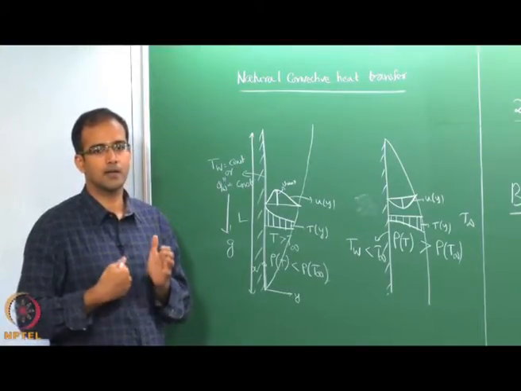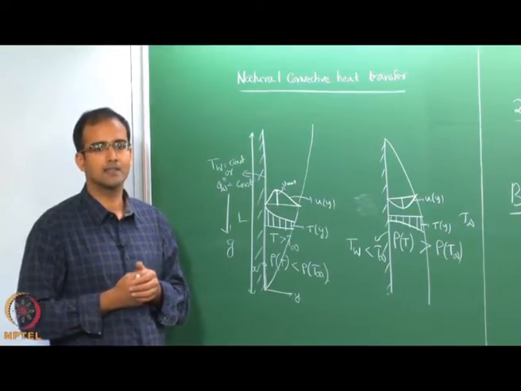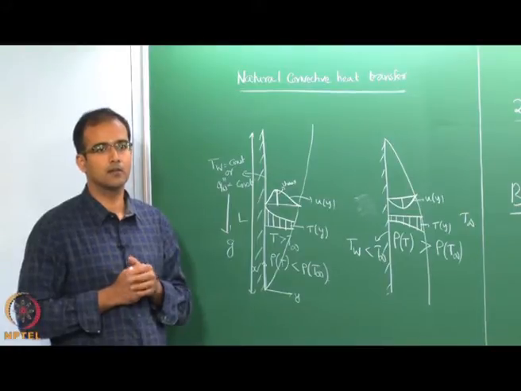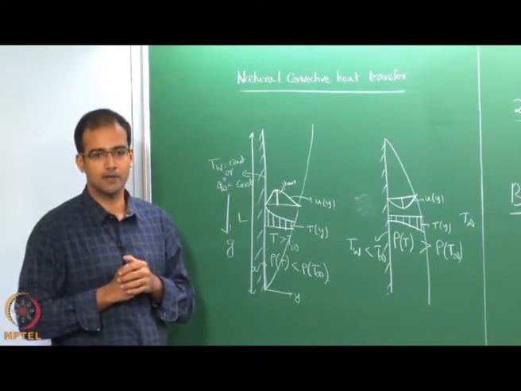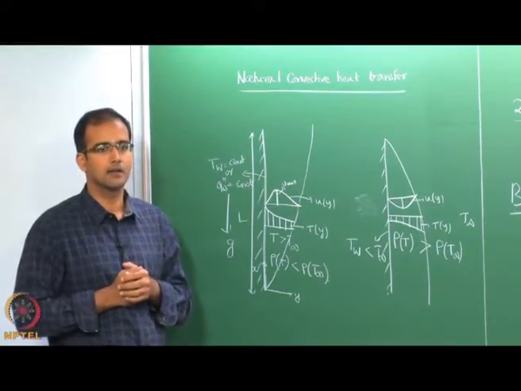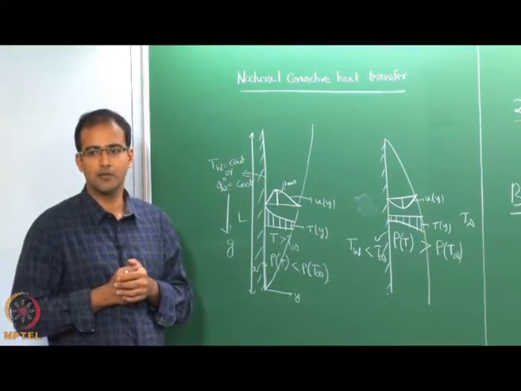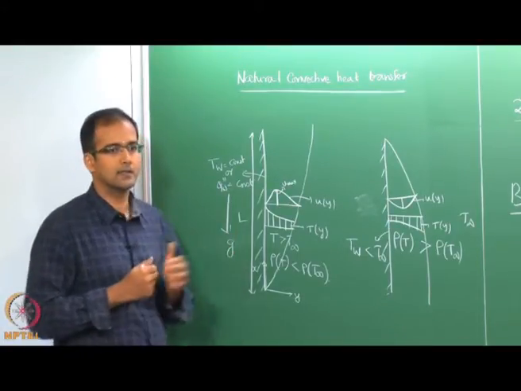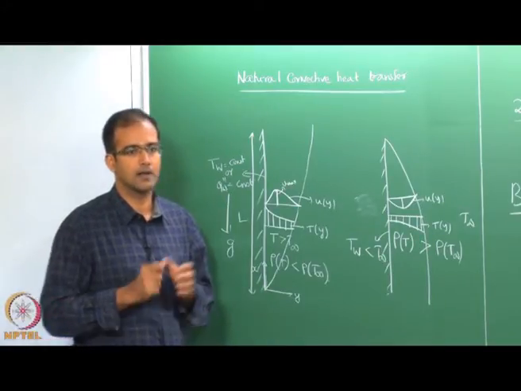So, except for the body force term, which is the driving potential, it is reasonably good enough to approximate the density to be a constant everywhere else in the other equations, provided the temperature differences are small enough. If the temperature differences are very large, even the Boussinesq approximation will not be held valid.